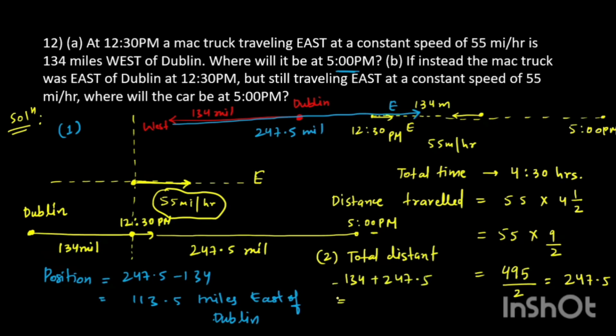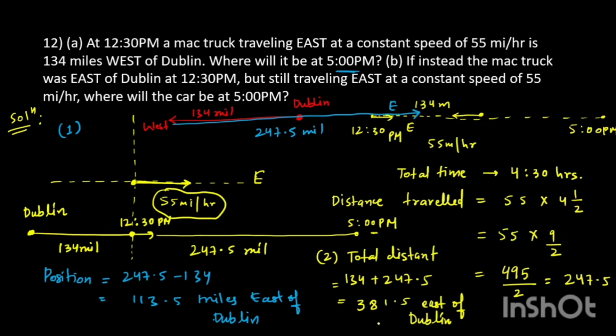It is going to be 381.5 miles. So we can say that the final position at 5 p.m. for the second case is going to be 381.5 miles east of Dublin. We have to mention the direction always whenever we are writing any such question.